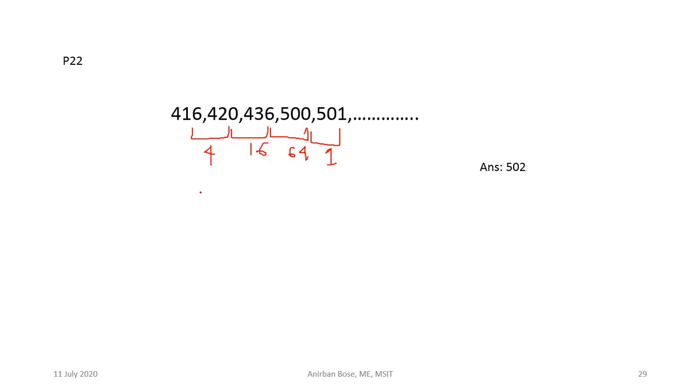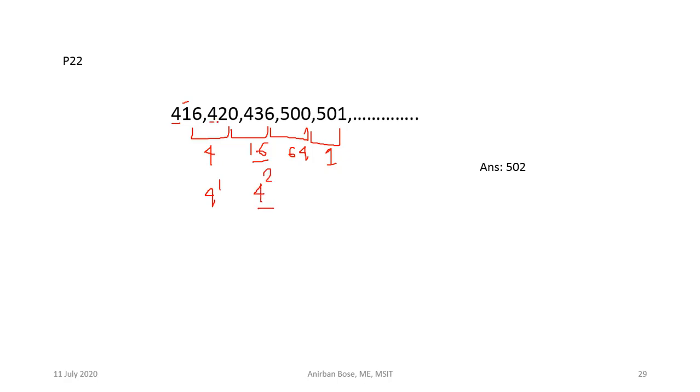But if you look very carefully, your observation or thinking should be from all directions. You see carefully, this 4 can be thought of as 4 to the power 1, and these 4 and 1 are the 100th digit and the 10th digit. 4 to the power 1, and this 16 you can consider as 4 to the power 2.